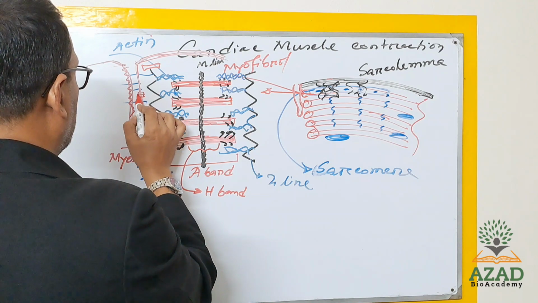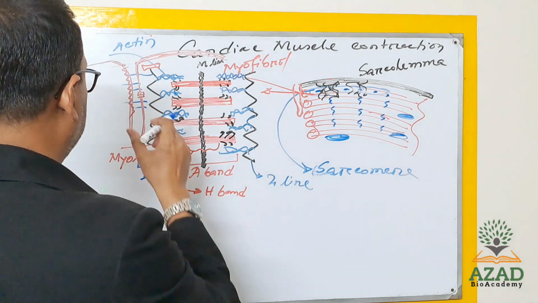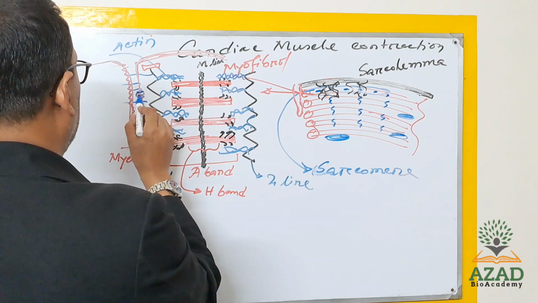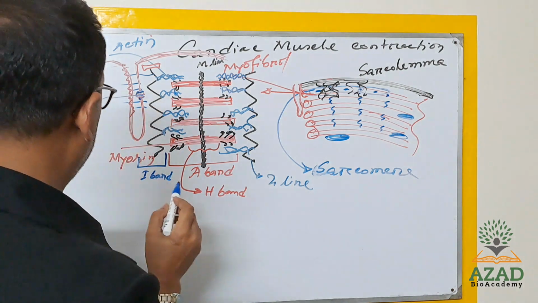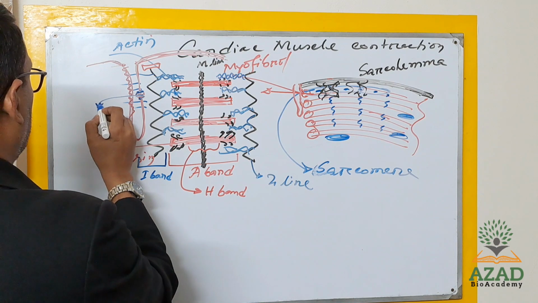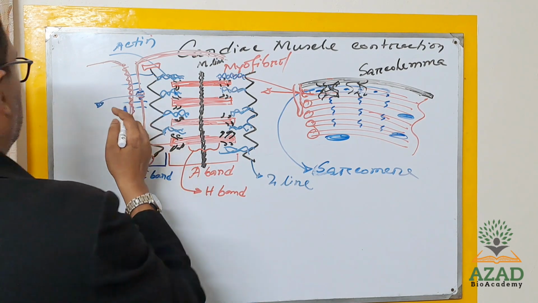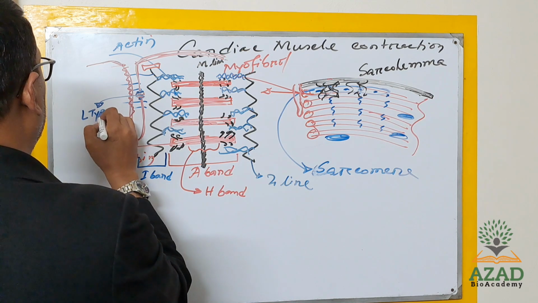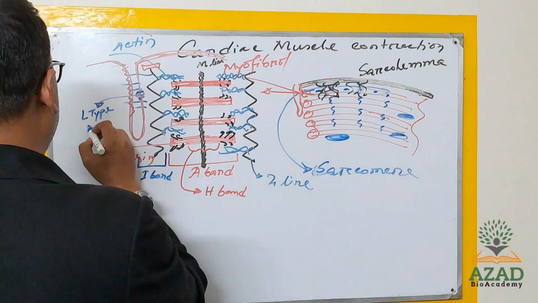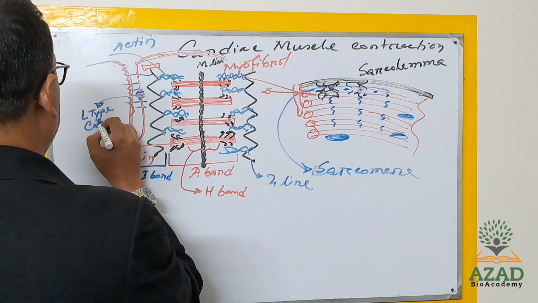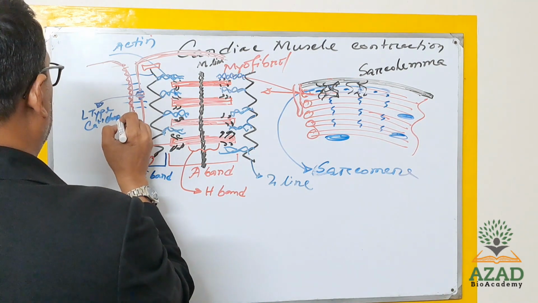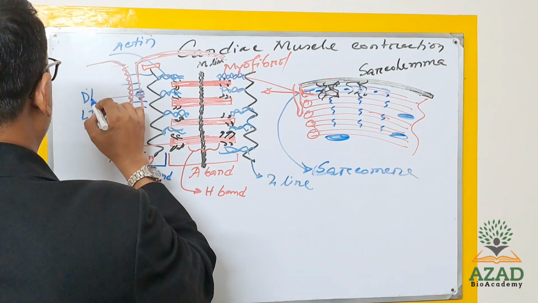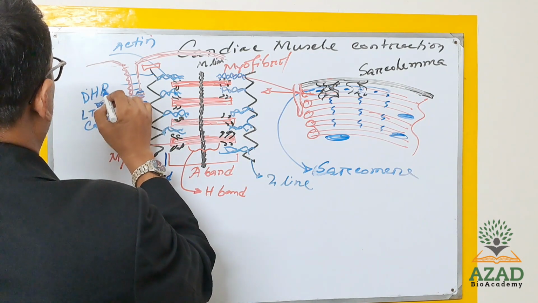This channel is called the L-type calcium channel, and you can also call it DHPR.